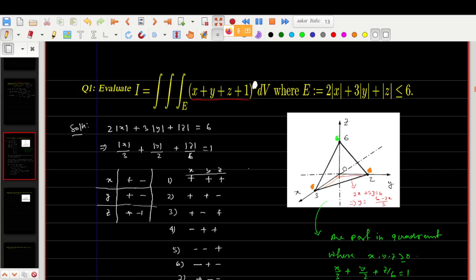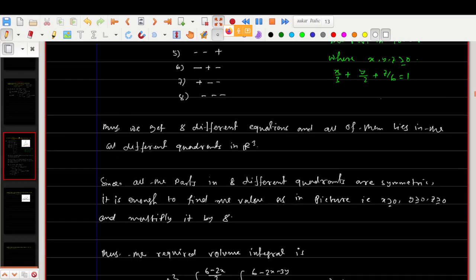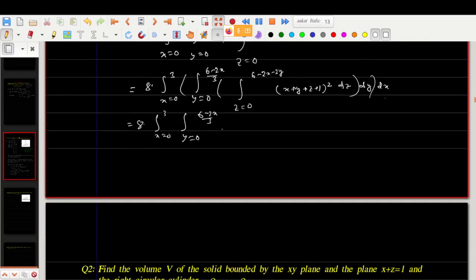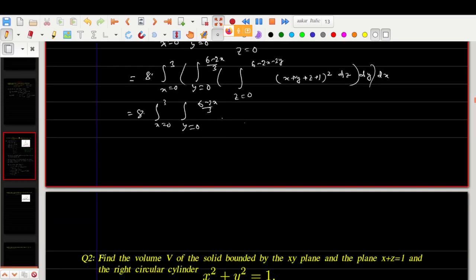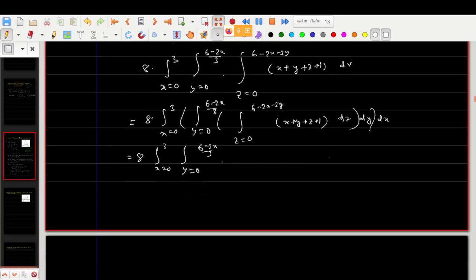If you set up the volume integral, you can easily do the further squares, but it will be nothing but heavy calculation. So to avoid that, I have just made it a linear term, so everything will now be linear.